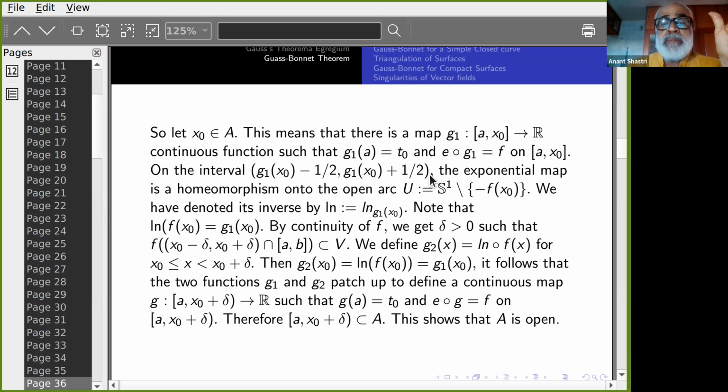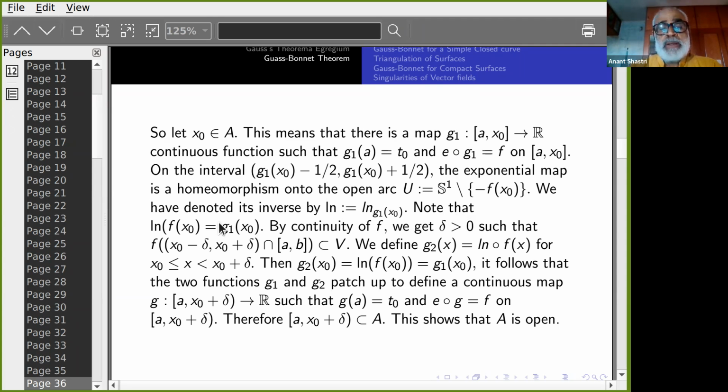That arc is the image of this open interval under E, by a homeomorphism, a 1-1 mapping. So there is a logarithmic function, which is the inverse, which I have denoted by ln of G1 of x naught. This suffix I don't keep on writing all the time because they are all log functions. It just indicates that the point f x naught is going to G1 of x naught here.